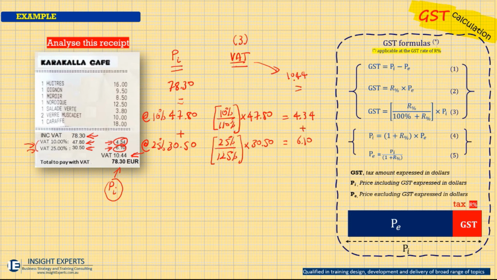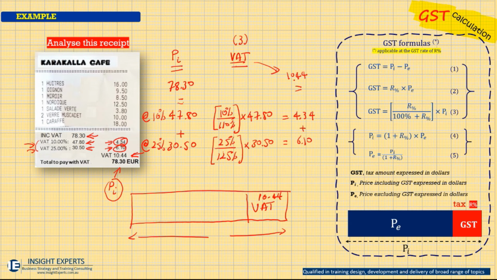Now, one thing I would like to leave you with before we move to the next section, but to explain it, let me just first draw the block, which is a summary of the findings. So yes, we know that this is the VAT amount, and that amount goes to the taxman, which is equal to 10.44, and the amount paid by the customer at point of sales is 78.30 euros, so that's PI.